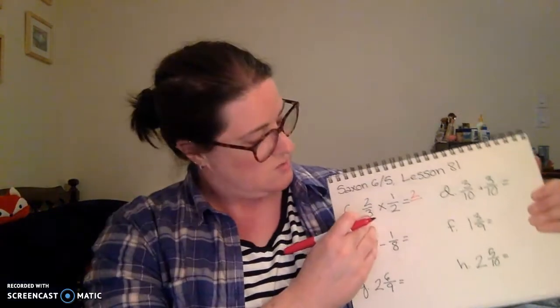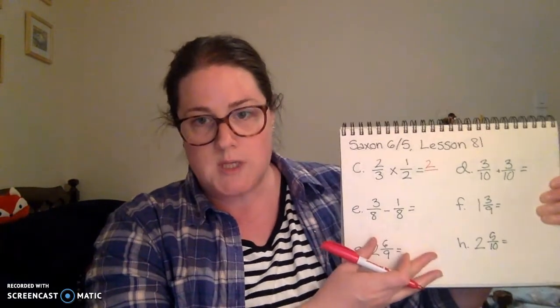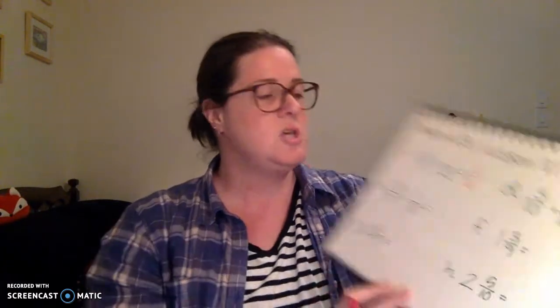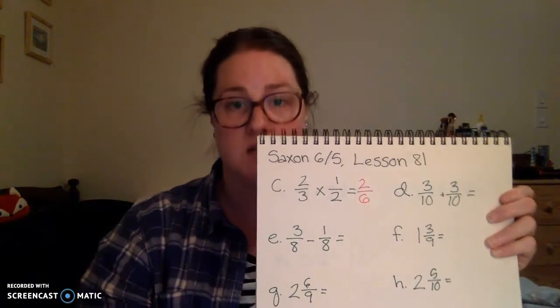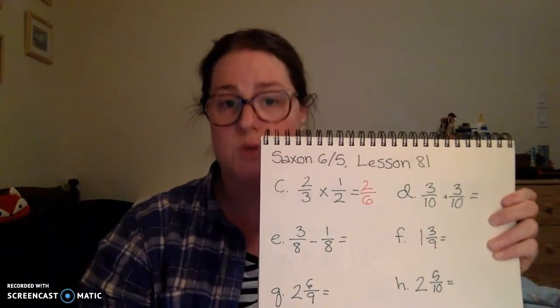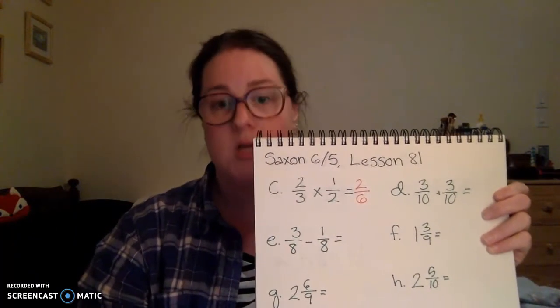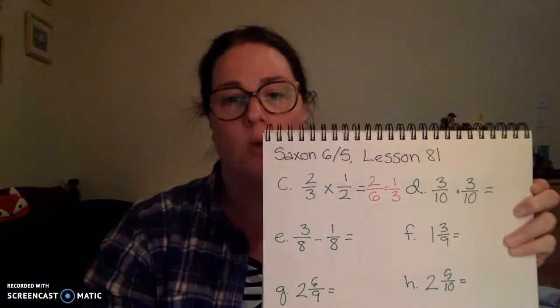So 2 times 1 is going to give me 2. 3 times 2 is going to give me 6. So I get 2/6 initially. I want to reduce this if possible. 2 and 6 can both be divided by 2. 2 divided by 2 is 1. 6 divided by 2 is 3. And I get 1/3.